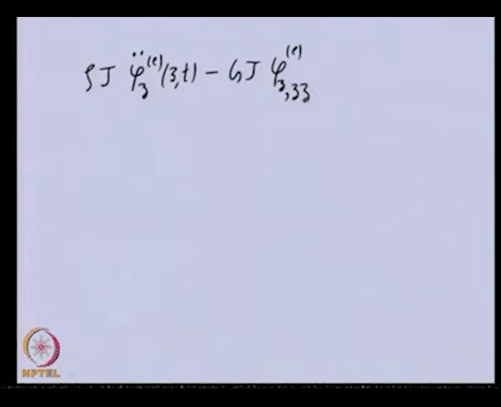So, that means phi z, this is the same as like this. This representation is more compact, so I am using it, and this phi is a function of z and t.